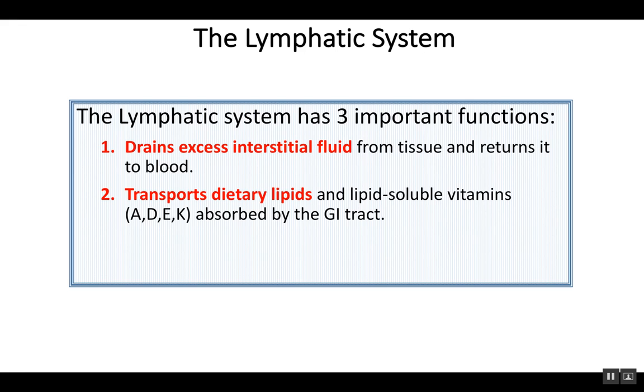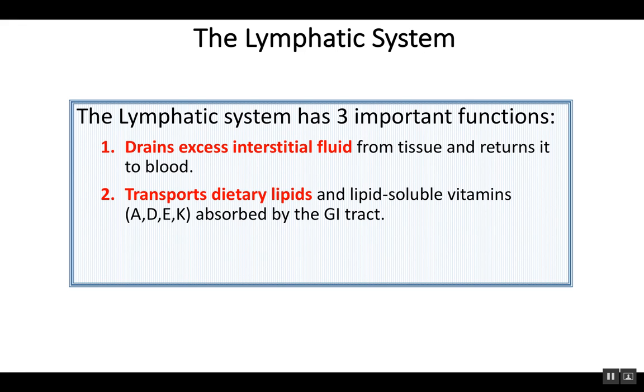The second important function works with your digestive system. When you ingest, digest, and absorb nutrients, most nutrients enter your bloodstream. And if you recall, that blood is then transported to the liver via the hepatic portal system. There are a few exceptions, and they include the dietary lipids.